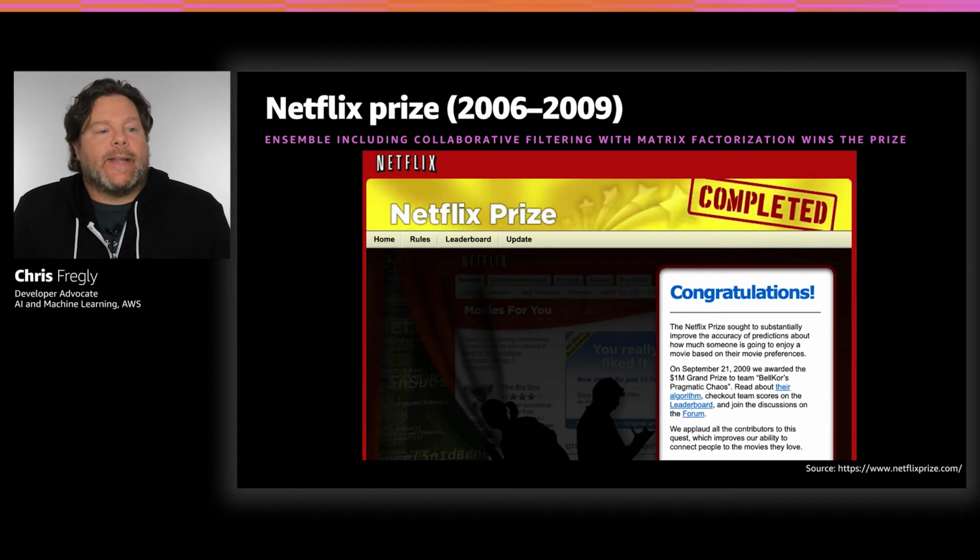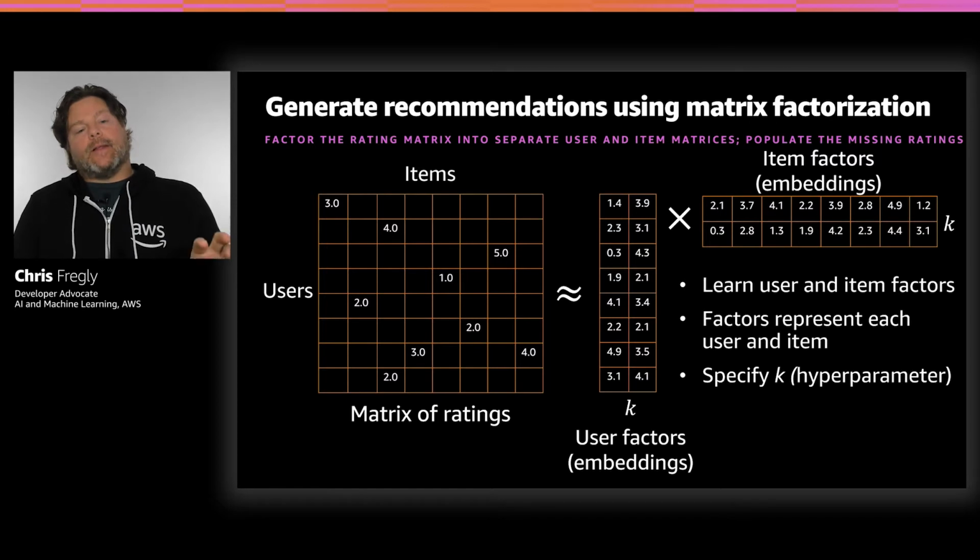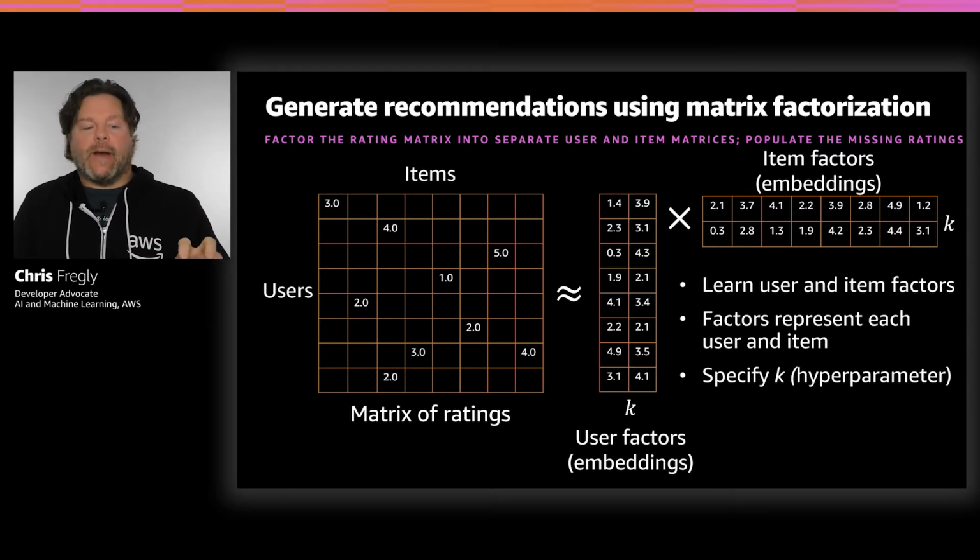So in these next couple of slides, I'll show you how that works. We'll show you how to actually implement this on AWS. Okay, so this is matrix factorization. The idea here is on the left, you have the user-item interaction matrix.